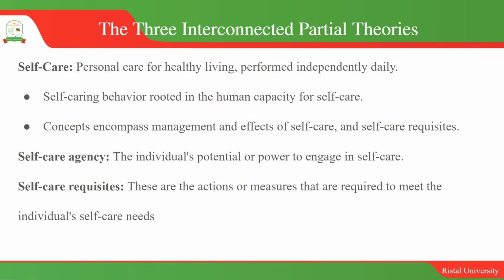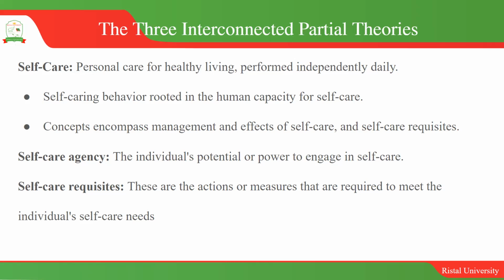And then another aspect is what you call the self-care agency. So the power or the potential to engage in self-care. If someone is sick, they may not lose their ability to take care of themselves, though they are sick.